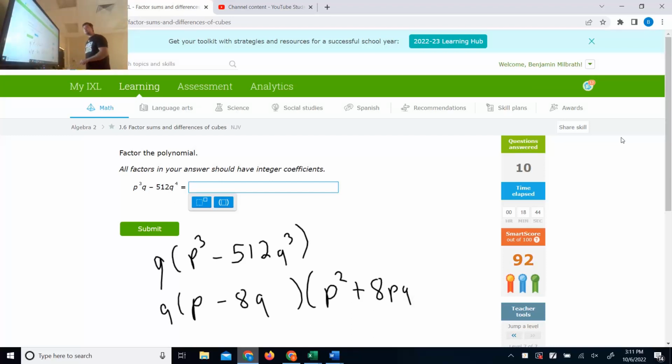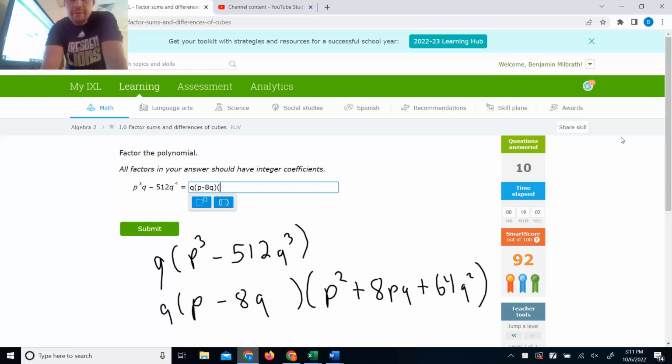And lastly, we square the 8q, and that's going to give us 64q squared. So I have a leading q, times p minus 8q, times p squared plus 8pq plus 64q squared.